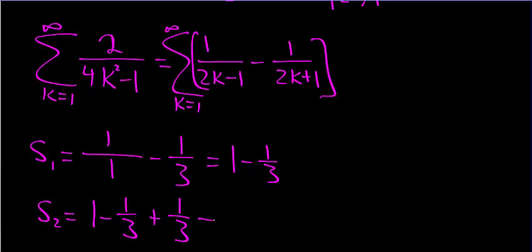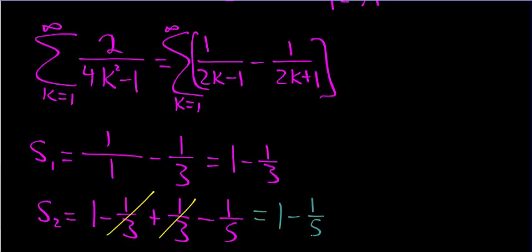Minus, if I put in a 2 here, I get 1 over 5, right? Does everybody see what I did? This is the second partial sum. Now, let's just see what happens here. Notice that these little fellas here go away. And look what you get. You get 1 minus 1/5. Does everybody see that?